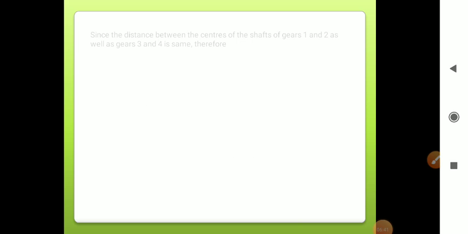Now see here, the distance between the centers of the shafts of gears 1 and 2 as well as gears 3 and 4 is the same. If we look at the diagram and measure, the center distance between the shafts of gears 1 and 2 as well as gears 3 and 4 is the same.